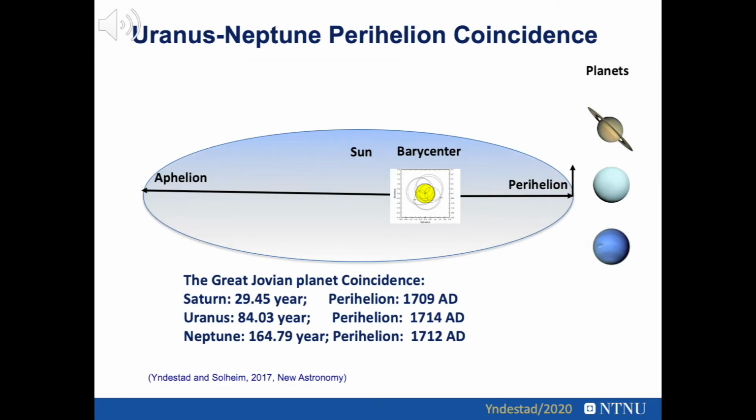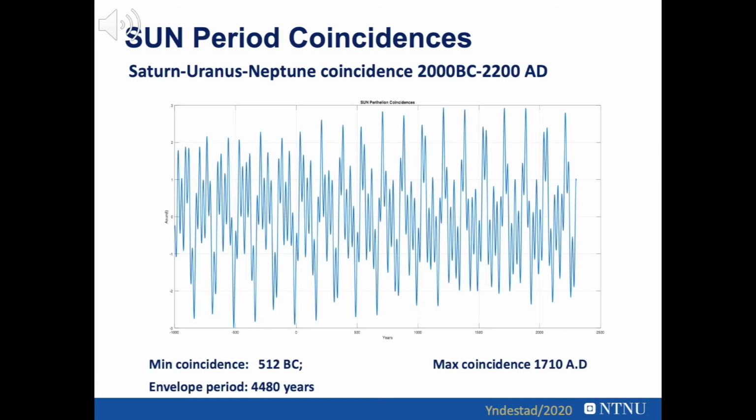A next interesting study is the years when the planets Saturn, Uranus and Neptune have a perihelion coincidence at the same time. This figure shows perihelion coincidences between Saturn, Uranus and Neptune from 2000 before Christ to 2200.